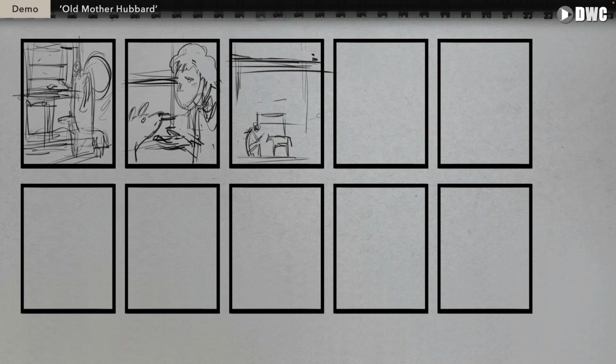Maybe the house is kind of run down and cracked, and life's not too good right now for old Mother Hubbard and her empty cupboard. The doors are open and it's empty, and she's kind of hunched over, a little disappointed.